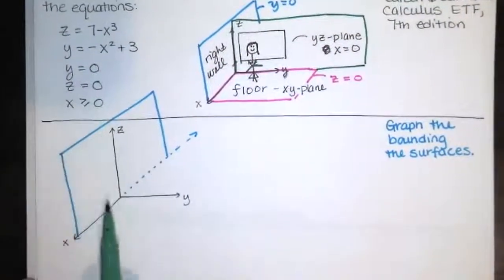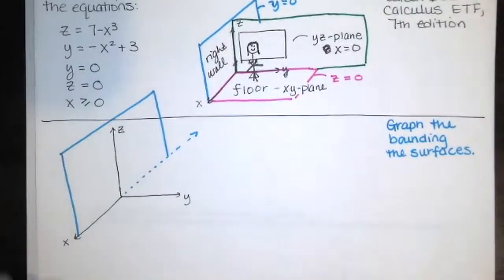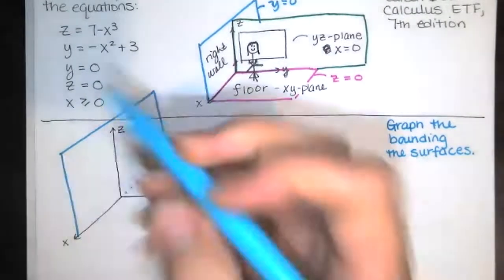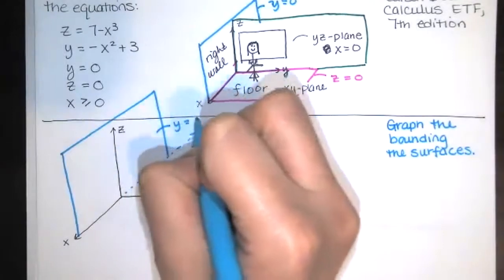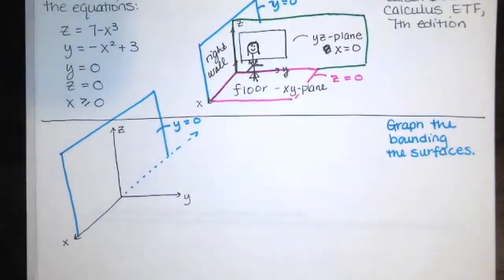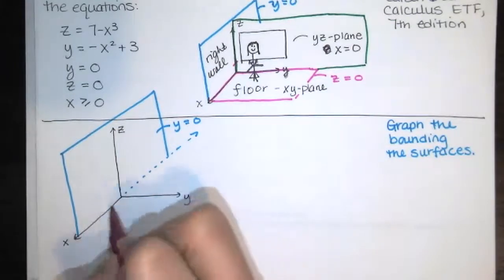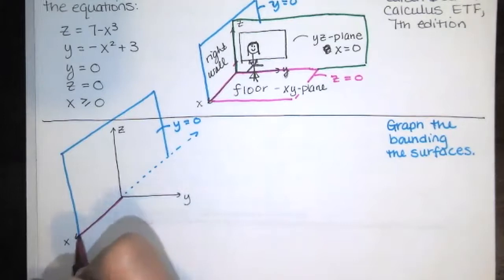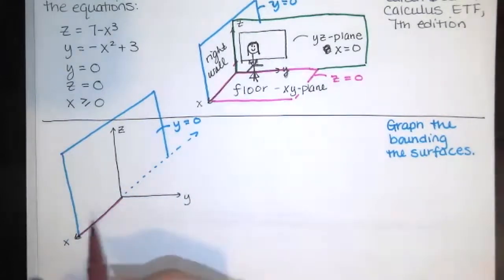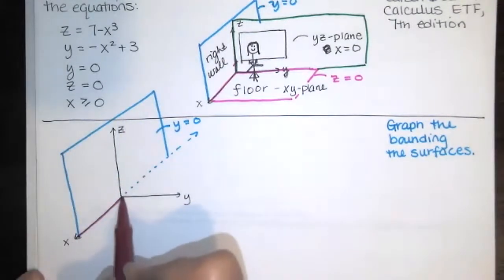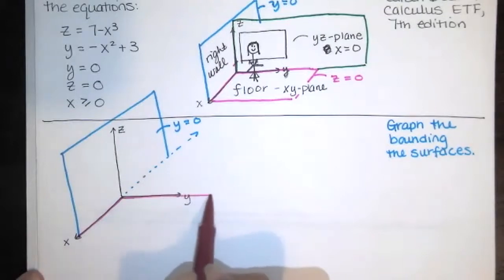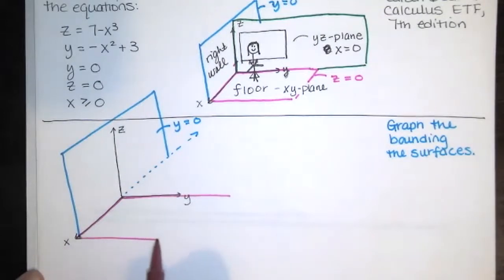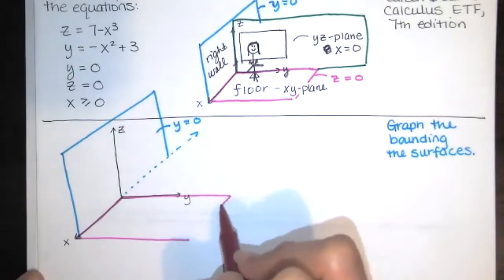So we've got y equals 0 here. Z equals 0. That's the xy plane. Now I'm just going to draw the part of it where x is positive, because that's the part we're interested in.